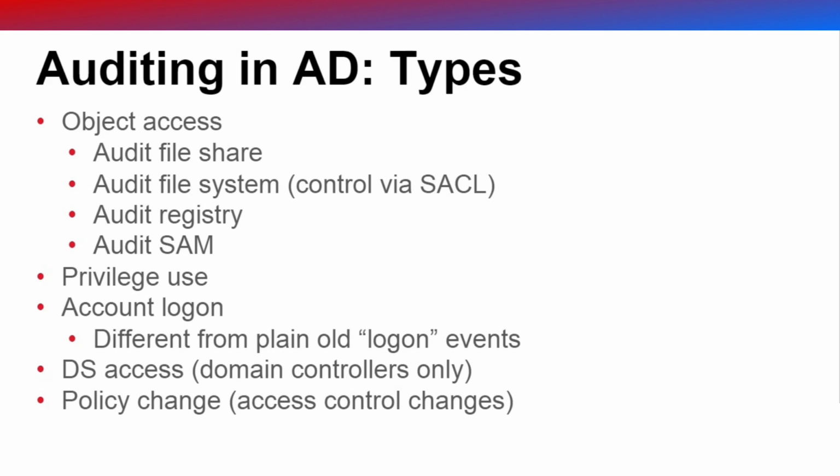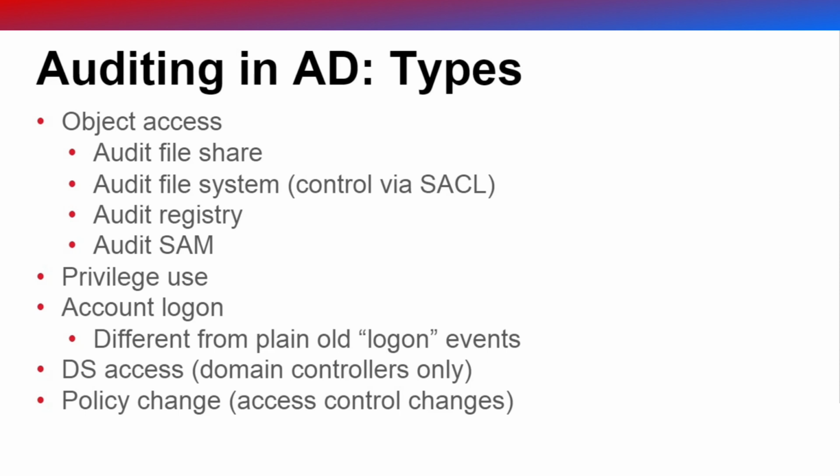So account logon is when you're logging on to a domain account, for example. A plain logon, a non-account logon event might be when you are connecting to a file share and you're authenticating to a file server. That's considered a logon event, but not an account logon event, okay? Directory service access for domain controllers, policy changes for changes in access control. These are all things that we can audit.